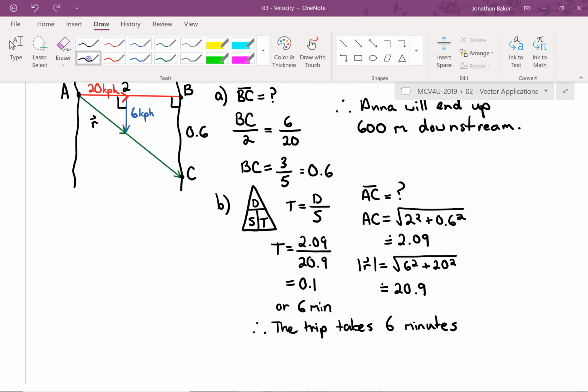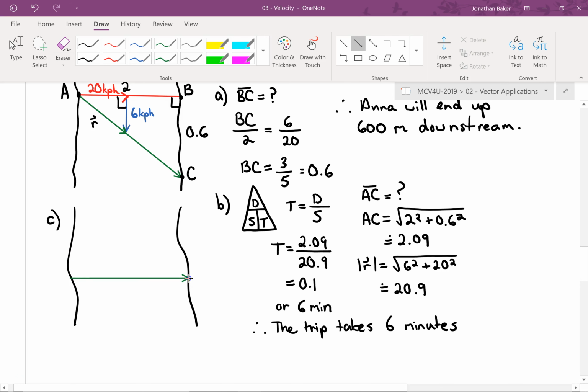So let's redraw this river for part C. Here's our river, and now we want this resultant velocity that goes across like this. That's her path. We have this current pushing us, but we want it to have no net effect, bringing us along to a point on that line. She's going to angle her boat upstream such that her velocity is along this path.